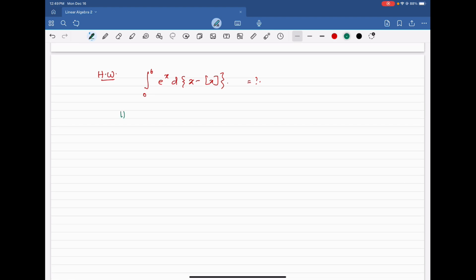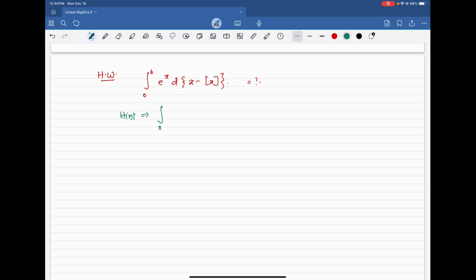Hint is: the integral from 0 to 6 of e to the power of x d(x minus ⌈x⌉) is equal to the integral from 0 to 6 of e to the power of x dx minus the integral from 0 to 6 of e to the power of x d⌈x⌉.